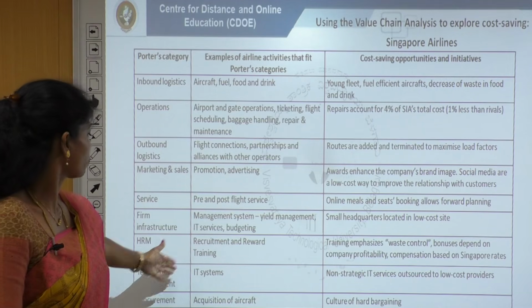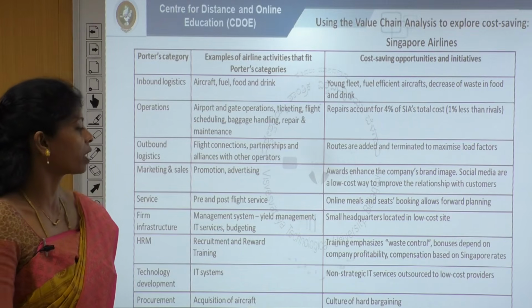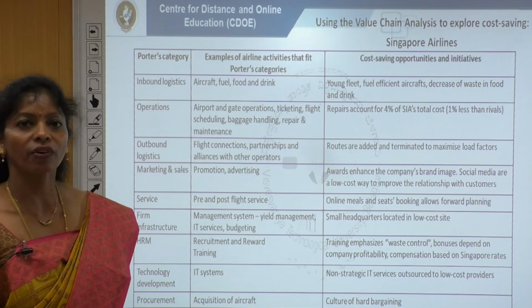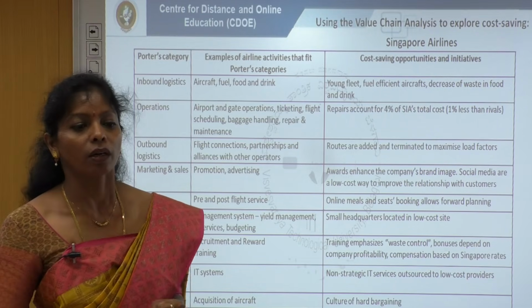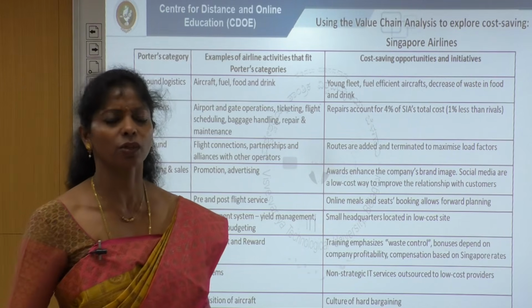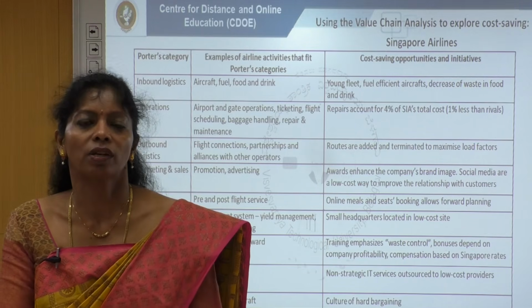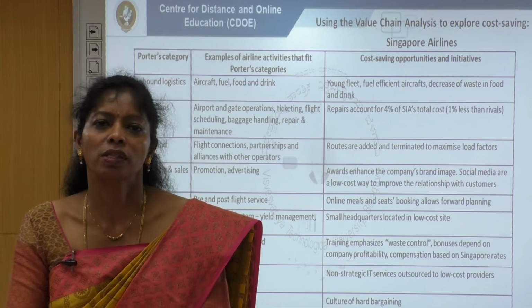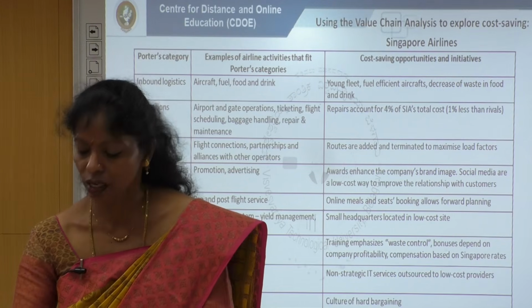Similarly, for example, HRM: recruitment, reward and training, where training employees can control waste and overcome any duplication. And procurement: acquisition of aircraft, where you have a culture of hard bargaining. This was just an example of using the value chain to explore cost savings at Singapore Airlines. This slide has been taken from an external source for the understanding of the student.